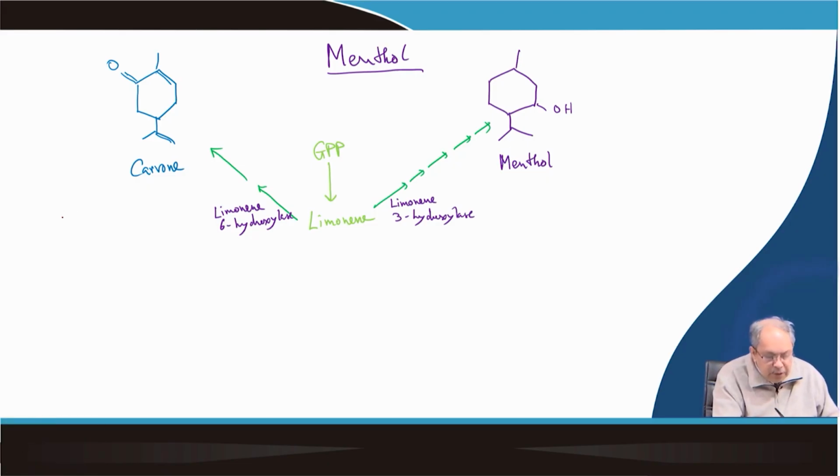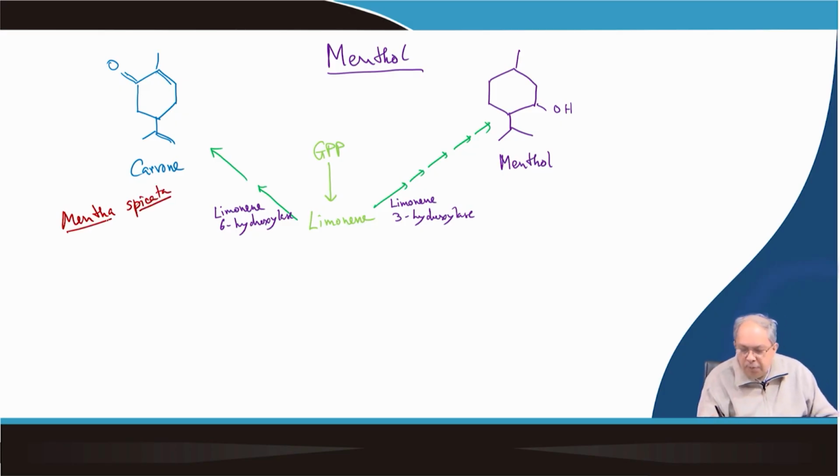Carvone you will find in the species Mentha spicata, and menthol you will find in the peppermint, which is Mentha piperata. Mentha spicata is also called by the common name pudina. Now let us see this in detail in the next slide.